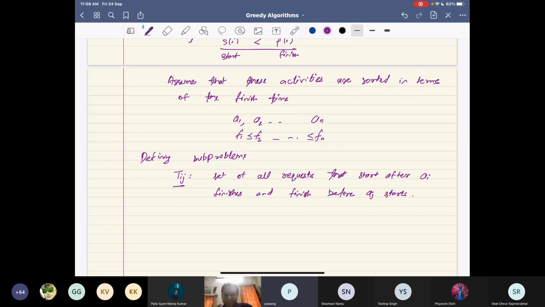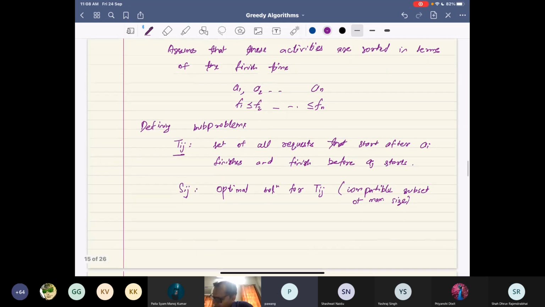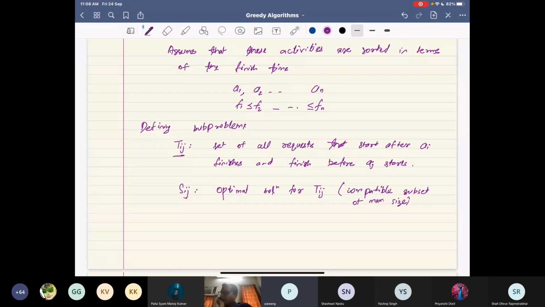For this subproblem Tij, let's define what is an optimal solution. Sij is an optimal solution, let's say. This is just a subset, a compatible subset of maximum size. But finally, what do I need to know?